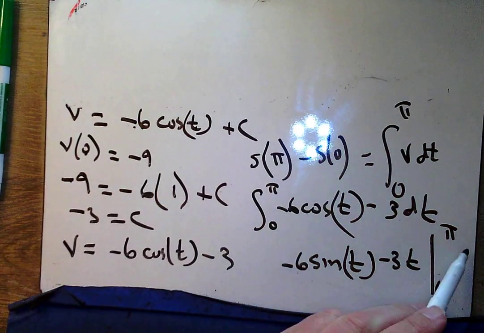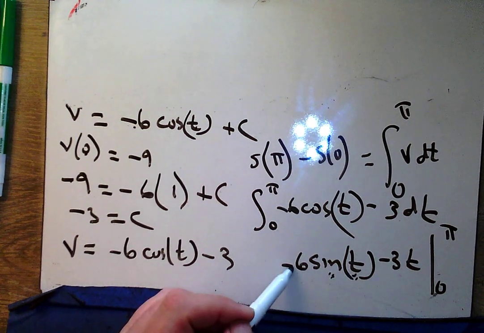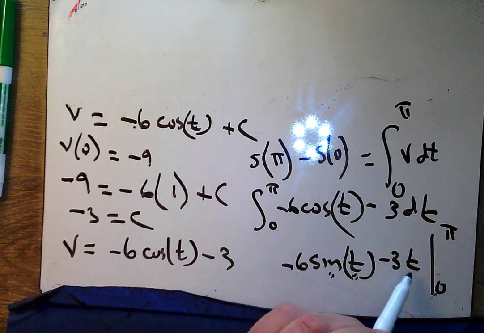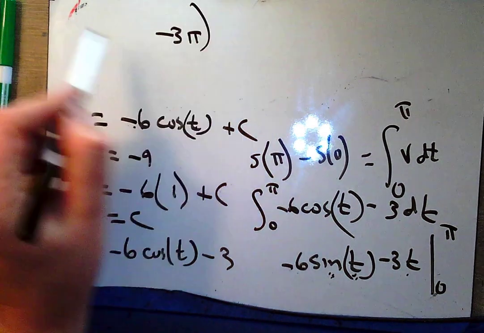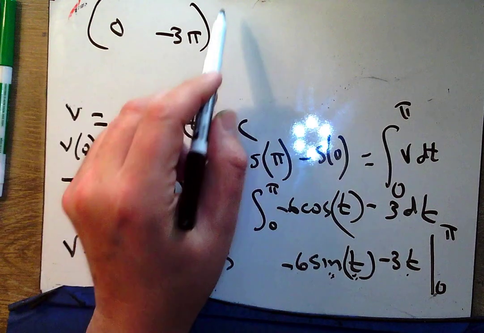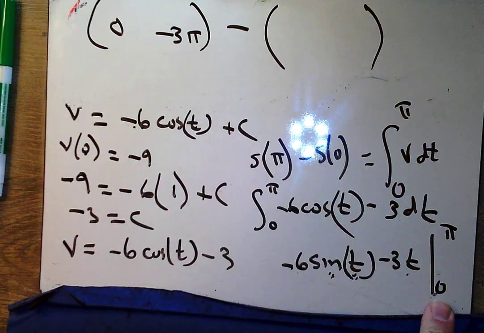Okay, so if I plug a pi in, the sine of pi is the y value of pi, that's 0, times negative 6 is 0, and here we have minus 3 pi. 0 minus 3 pi, and I want to subtract what happens when I plug in a 0.